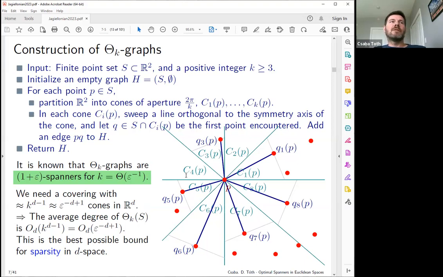So if you want a central angle of roughly 1 over k, then the number of cones is k to the d minus 1, and that gives this bound for the sparsity, which turns out to be optimal.